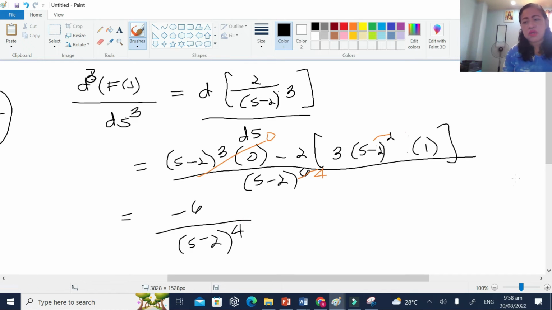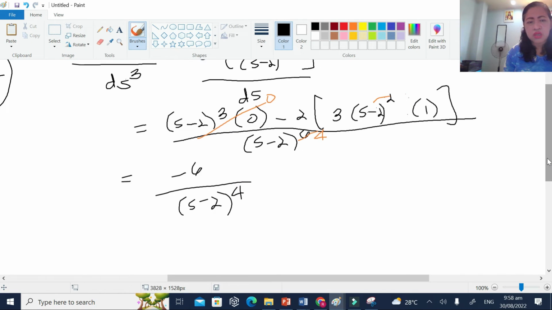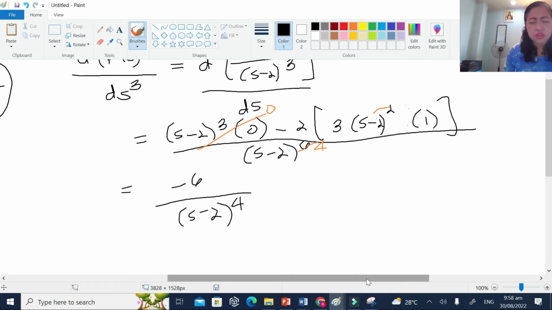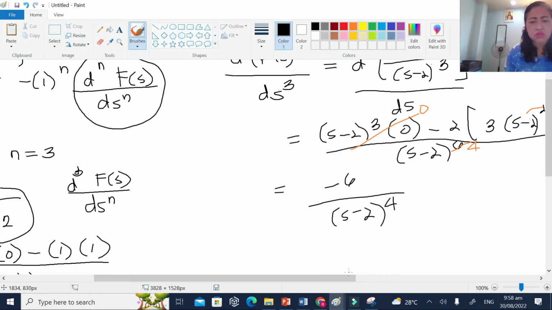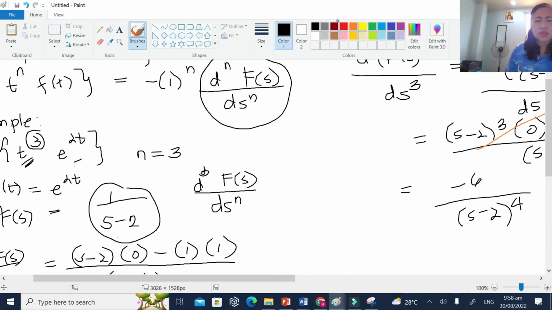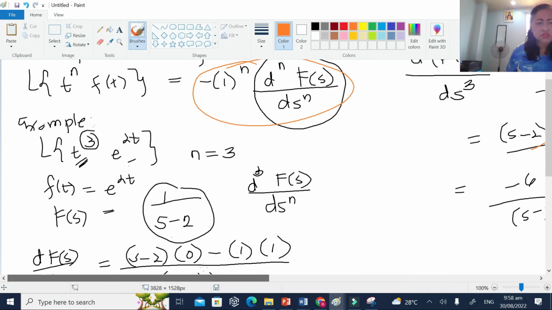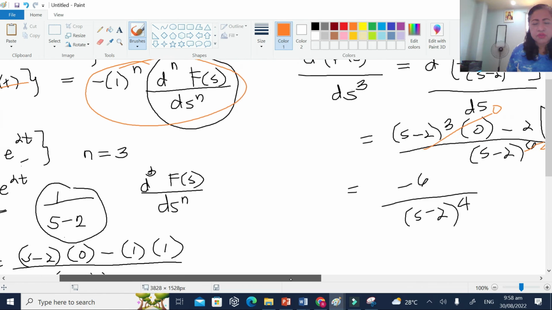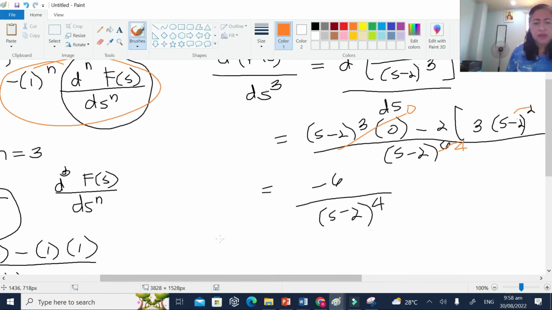Then, we are now ready to substitute that into your equation. So, the Laplace transform of this one, as it says there. So, we substitute it.